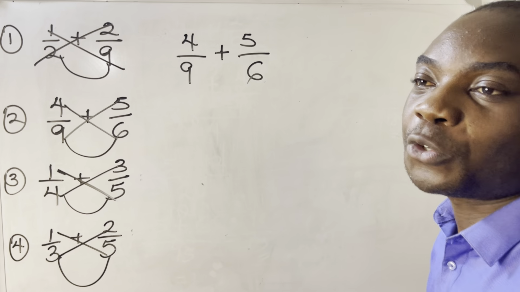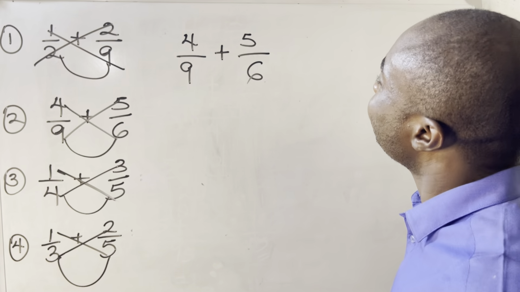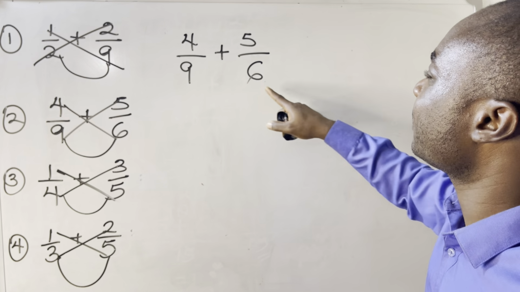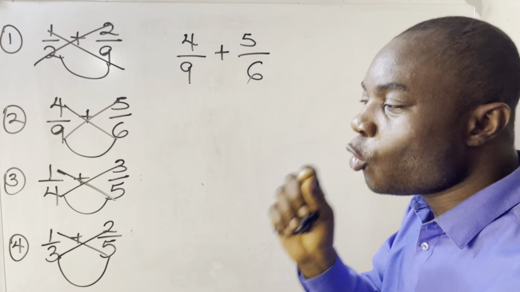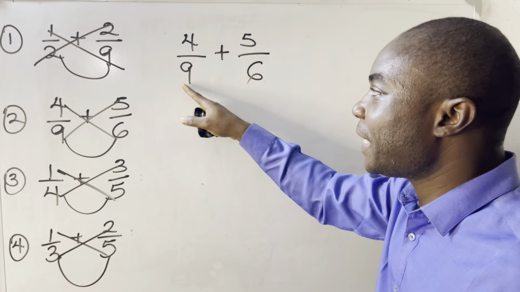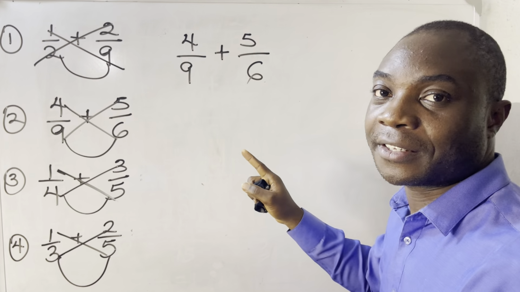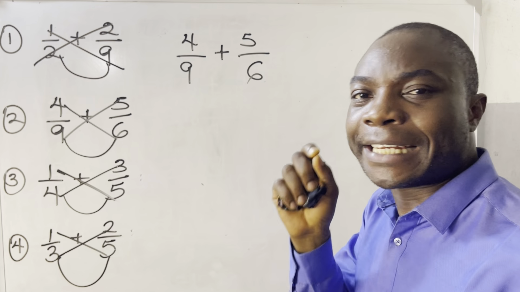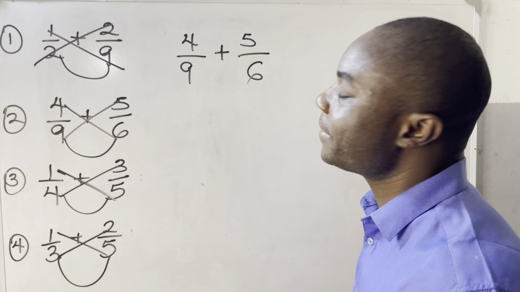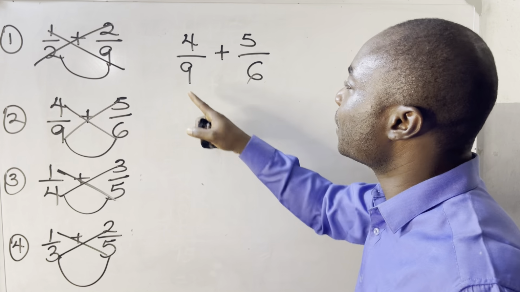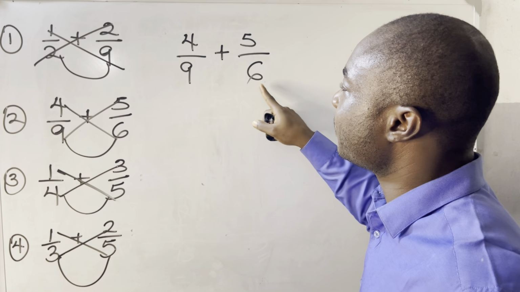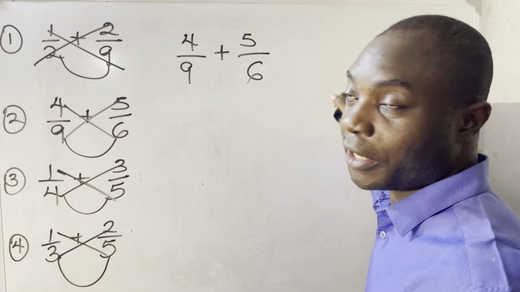Now the first thing to do is to ask ourselves, what is the LCM of 9 and 6? In other words, what is the lowest number that can divide 9 without any remainder and can also divide 6 without any remainder? That lowest number is 18. All right, because 9 times 2 is 18 and 6 times 3 is also 18.